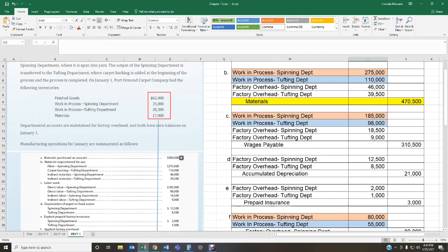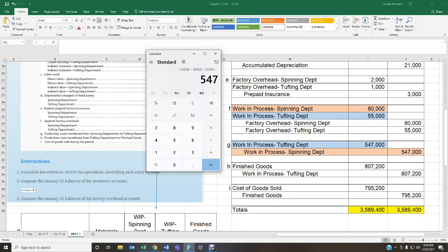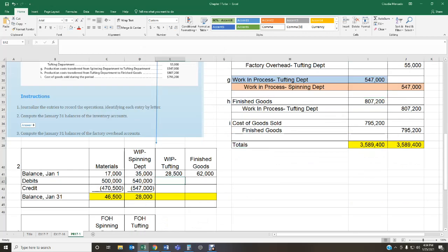So we're going to add all of those debits. Let me get my calculator. So I've got 110,000 plus 98,000 plus 55,000 plus 547,000. That gives me $810,000 in debits, okay?